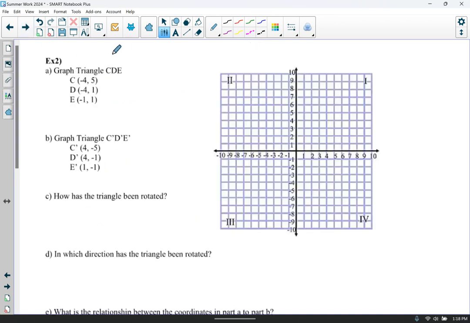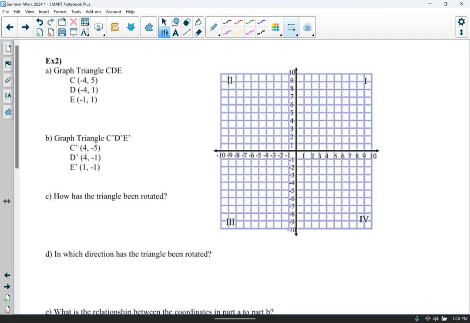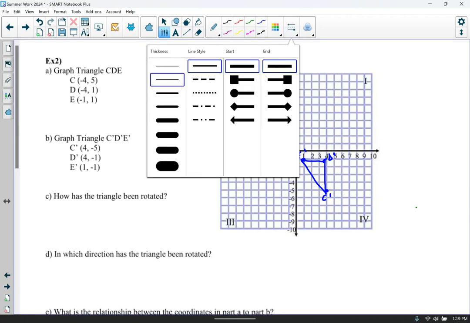We're going to graph triangle CDE to start our pre-image. Go ahead, graph. All right, so we've got our pre-image CDE. Now we can graph our image C prime, D prime, E prime. And now we've got our image graphed. How has the triangle been rotated? Well, it's rotated two quadrants.